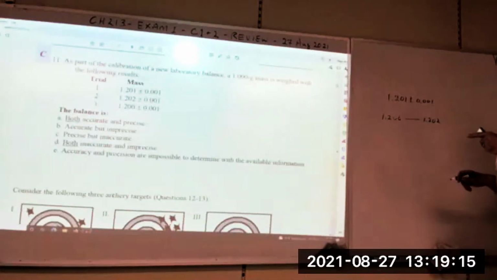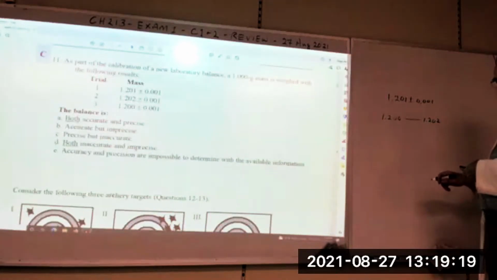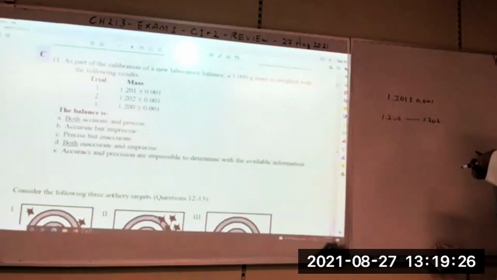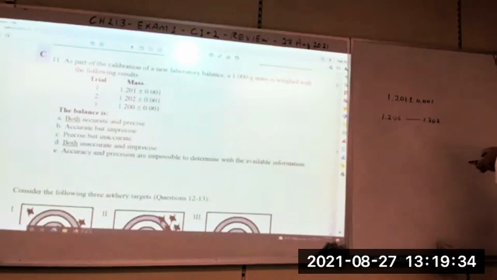It doesn't say. The usual confidence is 95%. But in this case, it's not accurate, but it is precise. Okay. So which one would that be? Precise, but inaccurate. There you go. That would be C.